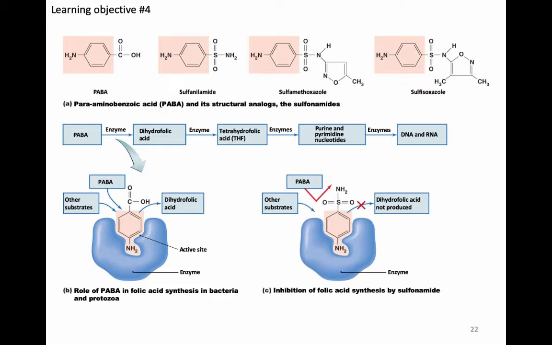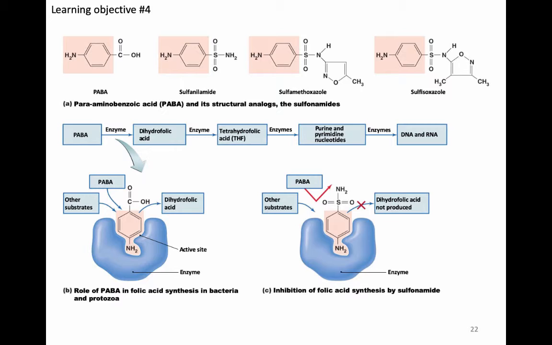But with the sulfa drugs, which are now shown at the top of this slide, we have sulfanilamide, sulfamethoxazole, and sulfisoxazole, which are 3 types of sulfa drugs, compared to the structure of PABA on the left. You'll see they all contain an H2N bound to a 6-sided benzene ring. When PABA binds to the active site, it's converted to dihydrofolic acid.